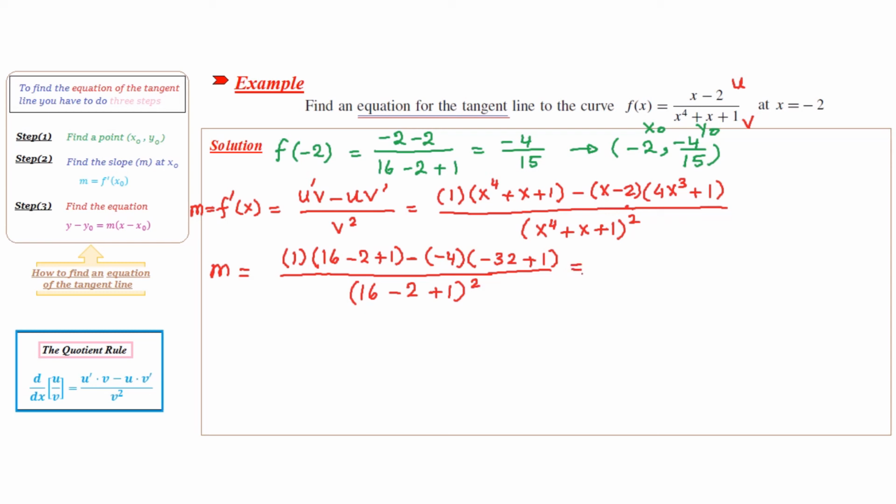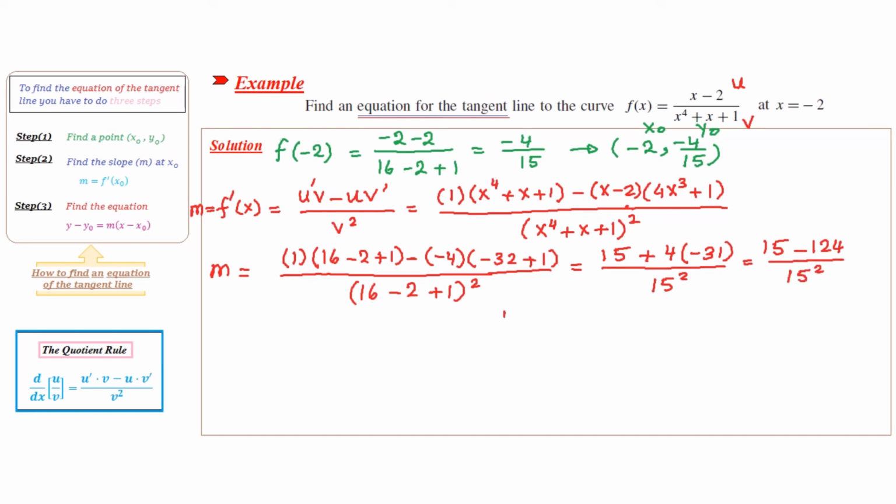And this equals 16 minus 2 plus 1 equals 15, times 1 equals 15, minus -4, it will be plus 4, multiplied by -31, and this is divided by 16 minus 2, 14, plus 1, 15 squared, which gives us 15 minus 124 divided by 15 squared.